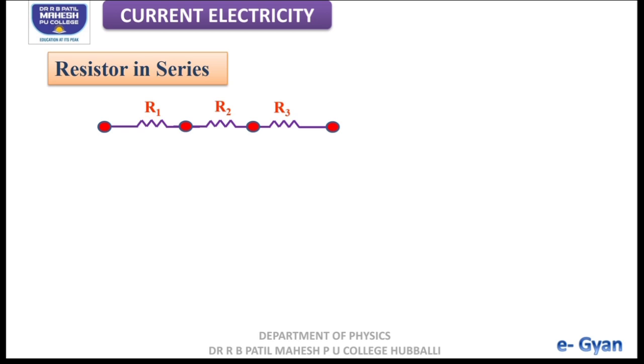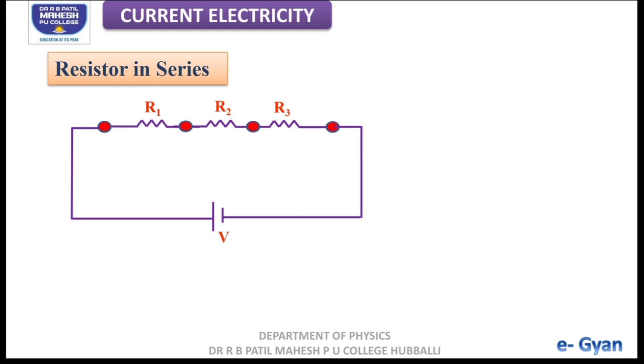This combination is connected to a battery of voltage V, and this voltage will produce a current I in the circuit. This current will flow through all the resistors. Hence, the current through each resistor is the same, but the potential drop across individual resistors will be different. The potential drop across R1 is V1, across R2 is V2, and across R3 is V3.